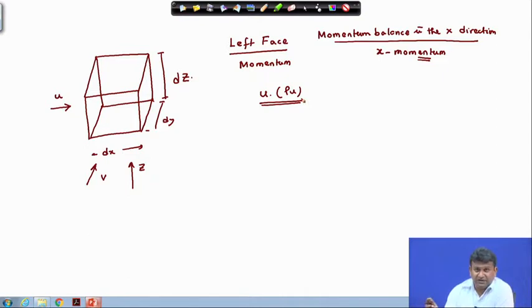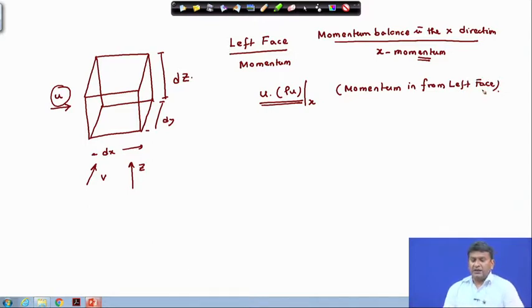Momentum is mass into velocity. Here, for a flowing system, we have the mass flow rate into the velocity. So, rho u is the mass flow rate, and this u is the carrier that is pushing the x momentum into the control volume at location x. Similarly, so this is the momentum in from the left face.